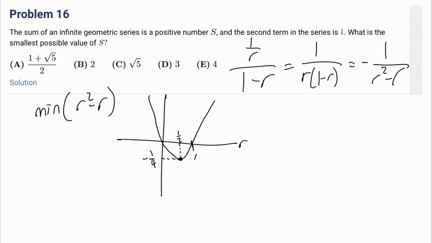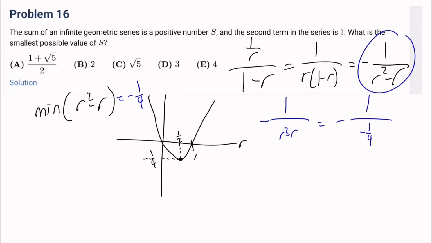And so the minimum possible value of r squared minus r is minus 1/4. And so minus 1 over r squared minus r is minus 1 over minus 1/4, so these two cancel, it's plus, and so this is 4. So the answer is E.